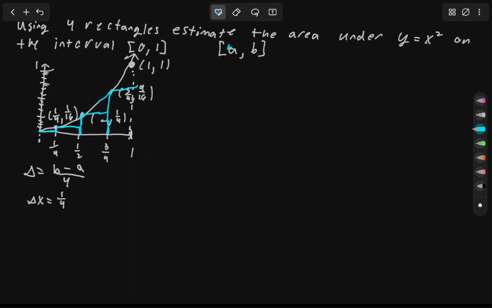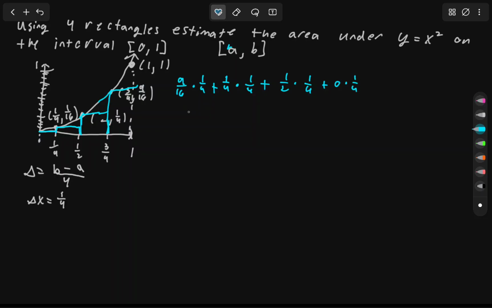And once we do that, we see that we're going to get 9/16 times the base, which, the change in x, is 1/4, plus 1/4 times 1/4, easy math right there, plus 1/2 times 1/4, and then plus 0 times 1/4.